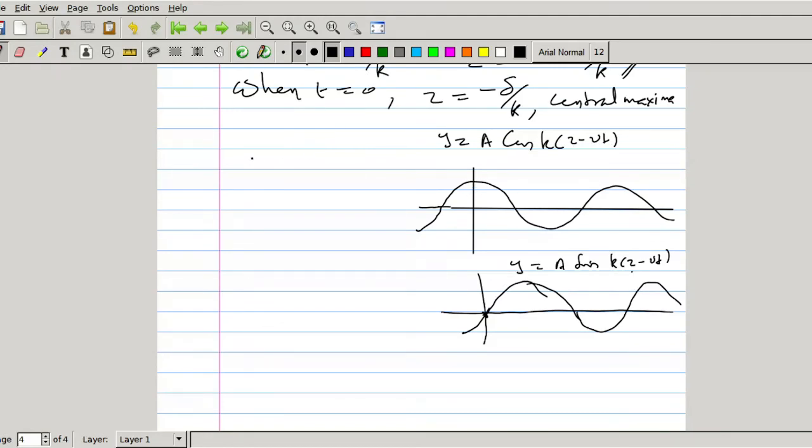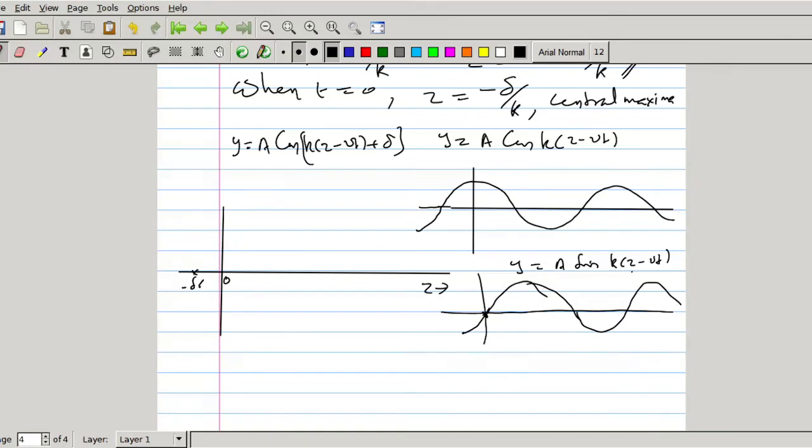But when I take the function y equal to a cos k into z minus vt plus delta, the graph is like this. In this case, the maxima at t equal to 0 is at z equal to minus delta by k. So this is z0, this is z, and let this point be minus delta by k.